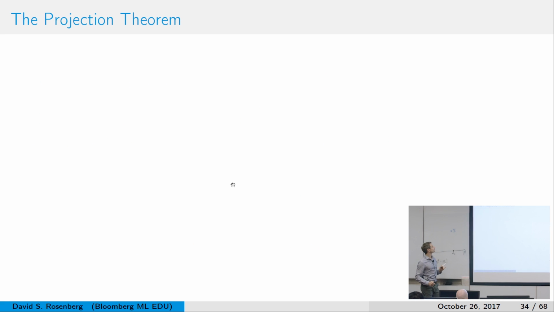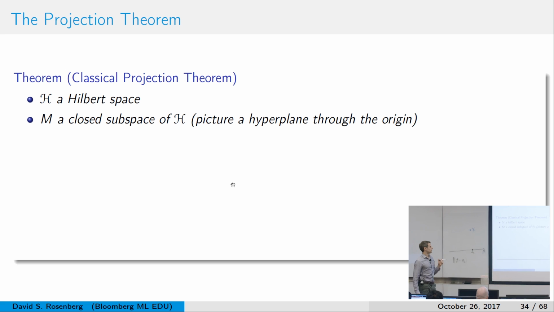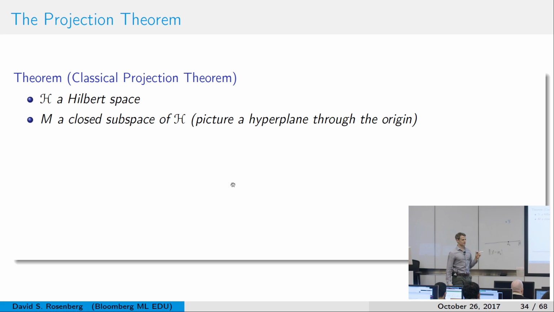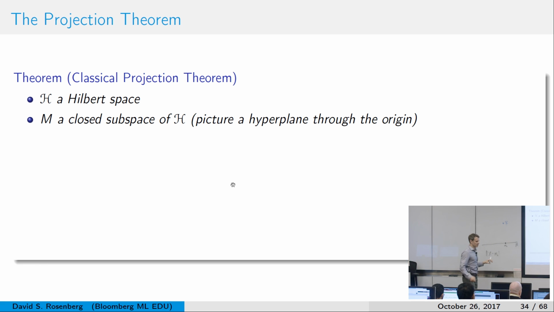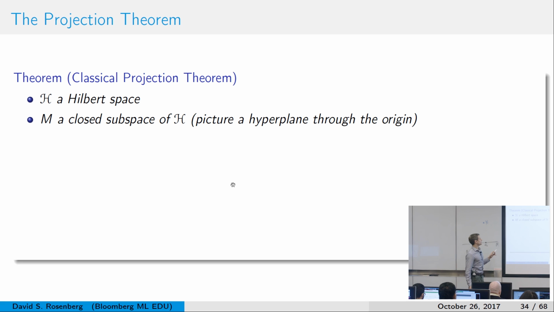So the projection theorem basically tells us that projections are unique, that they exist, and that they have the properties that we claimed heuristically.